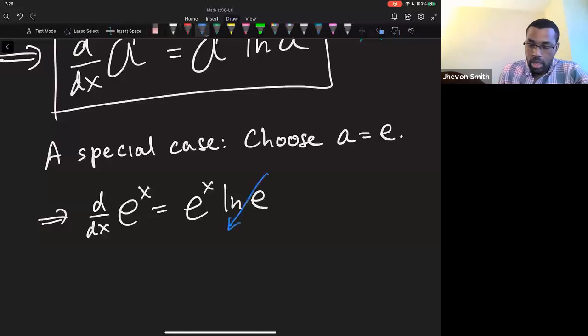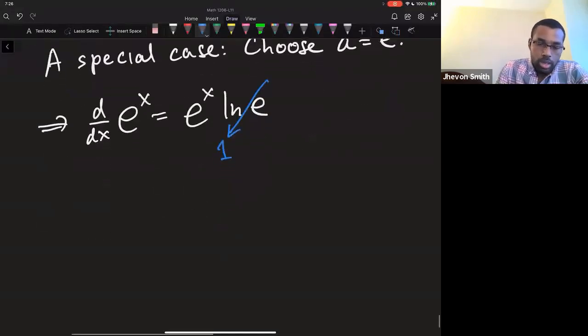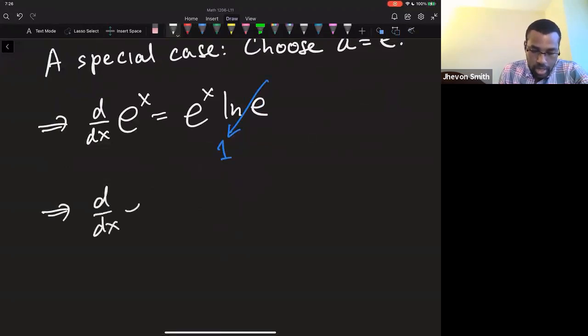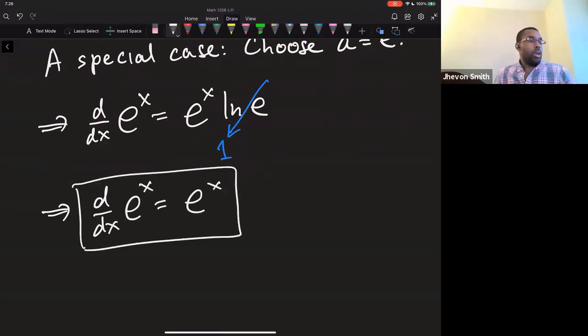However, ln of e is 1. And so you end up with the fact that the derivative of e to the x is e to the x, which makes it a very nice function. It's the only basic function that's not 0 that is its own derivative, which makes this function special for a lot of reasons.